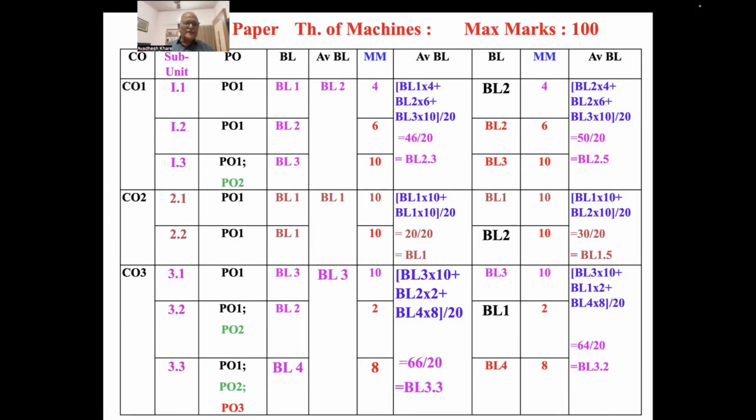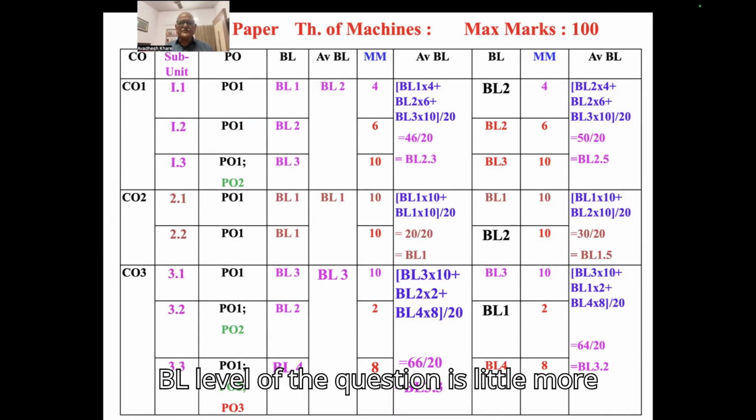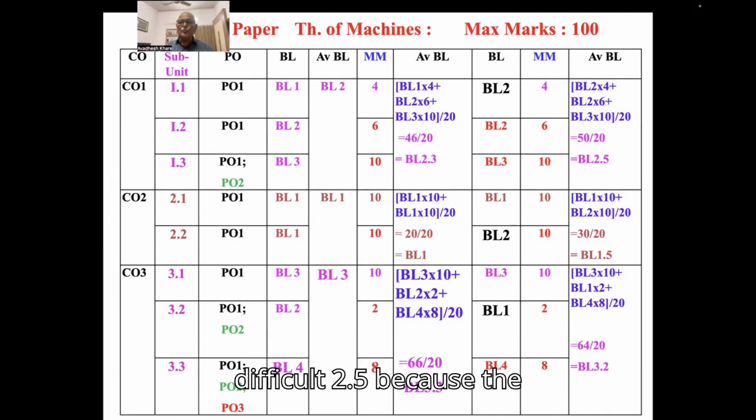That means in place of 2.3, the BL level of the question is a little more difficult, 2.5, because the BL level of question 1.1 is harder.